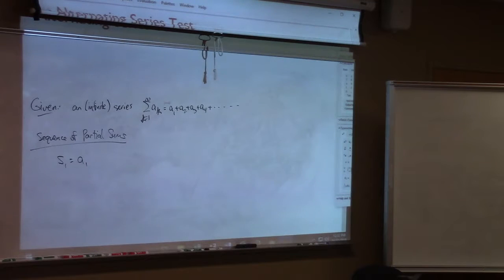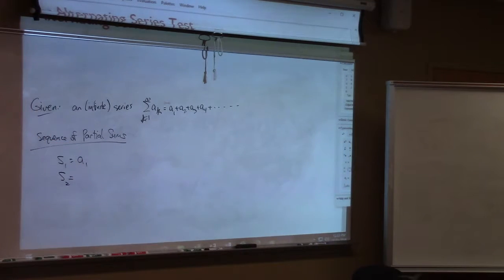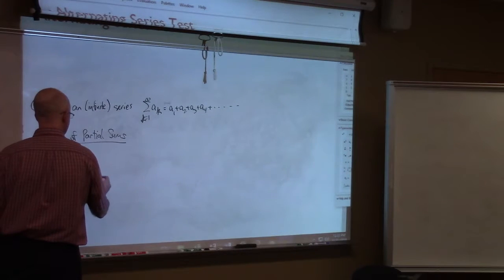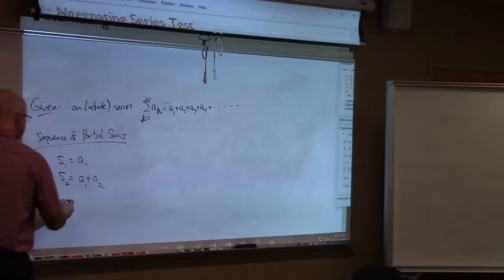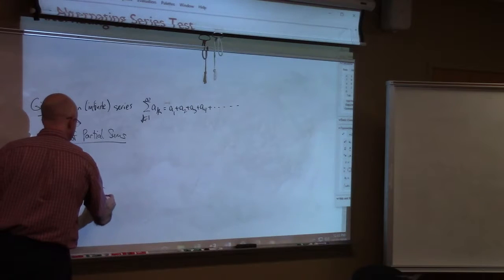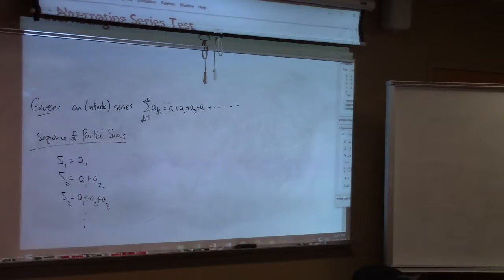Zoom in if you need to there. S2 is called the second partial sum. It equals the sum of the first two terms, A1 plus A2. S3 is the third partial sum. It equals the sum of the first three terms, A1 plus A2 plus A3, etc. Follow that pattern.